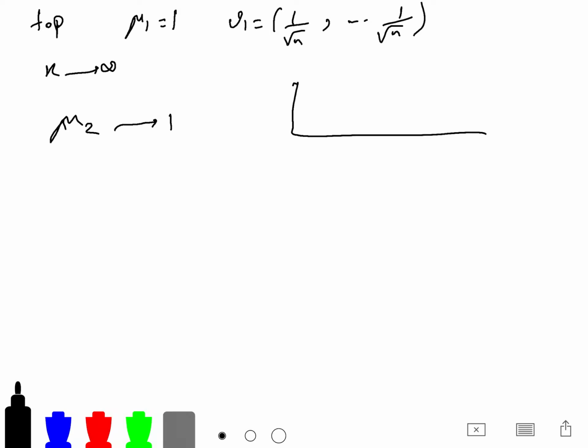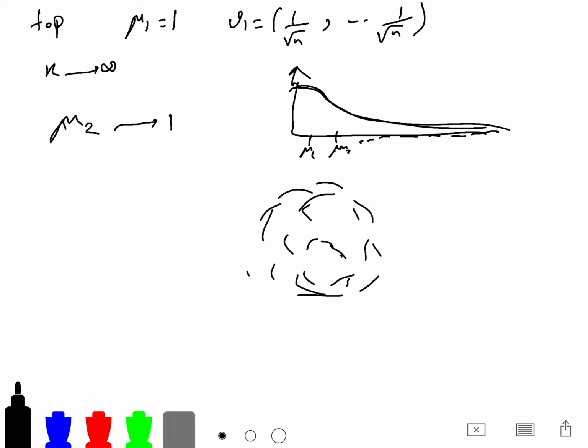So I always say it like this. It is going down, and if your eigenvalues suddenly drop, it's like you have cluster points. Your data points, for example, are distributed like this.